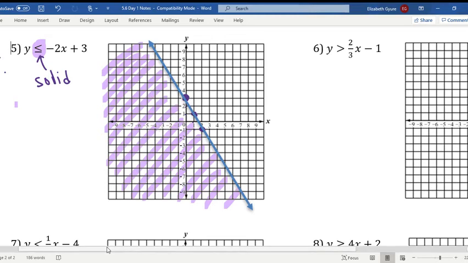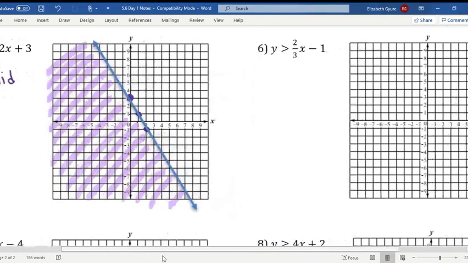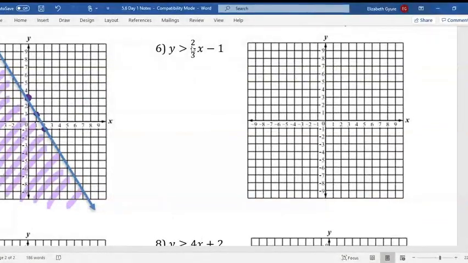All right, number 6. We have y is greater than 2 over 3x minus 1. So somebody else, because I already heard from Annalise about this, what is my y-intercept here? We have y is greater than 2/3 x minus 1.